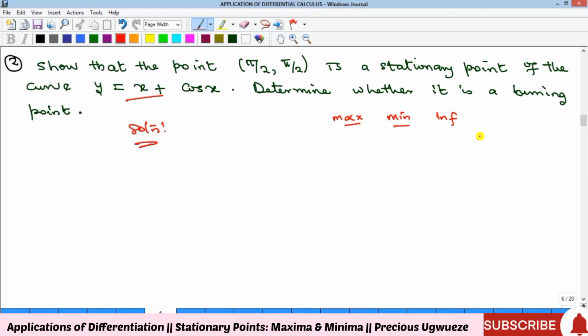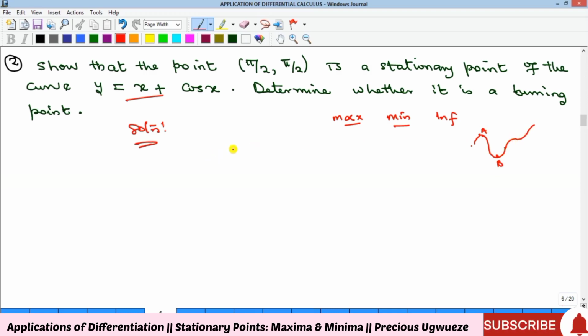Because I told you in the first video, which you need to watch if you have not seen it, that the maximum point is the point when the curve gets to it and begins going down, and the minimum point, it gets to it and it starts going up. So both of them are turning points, but for the inflection point, there is no turning.